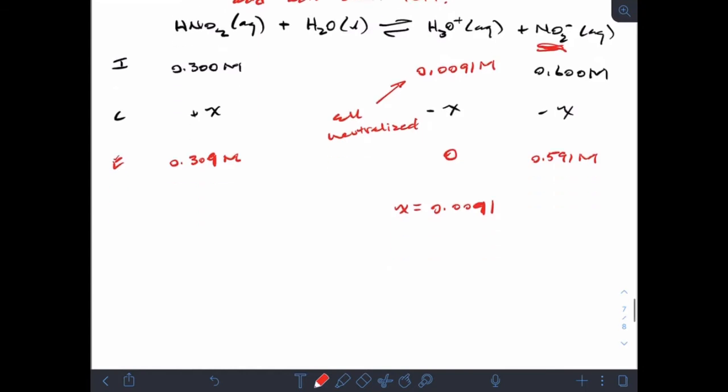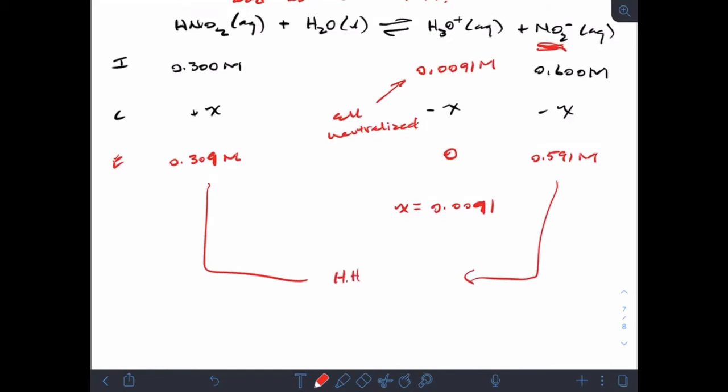Now I can put this into the Henderson-Hasselbalch equation, because now I have the equilibrium values. And our pKa, from the previous problem, our Ka for HNO2 is 7.2 times 10 to the minus 4, which makes our pKa 3.14.